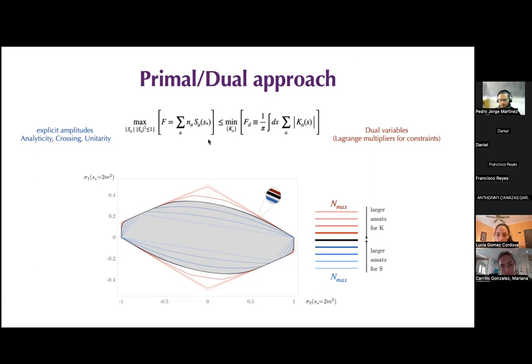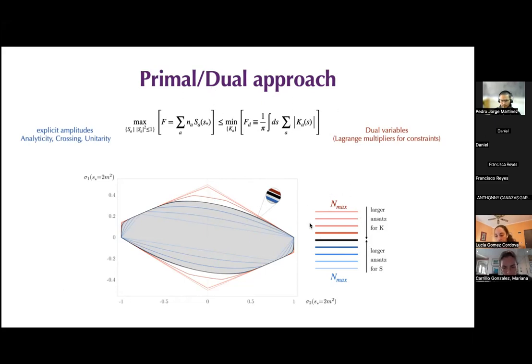But there is another approach called the dual approach, in which instead of maybe you say, no, outside of this, you cannot have an amplitude that is consistent with these principles. So it's basically using some Lagrange multipliers. This gives you a complementary approach to finding what would be the optimal bound here in the middle. So basically, if you have a larger ansatz for your amplitudes, you can get to the optimal bound in one direction.